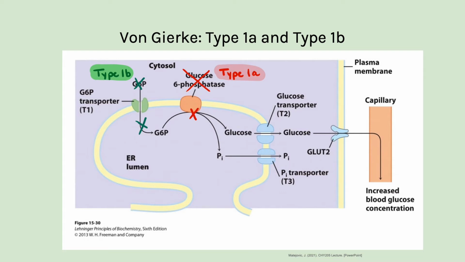Comparatively, type 1B results from a deficiency in the G6P transporter, which prevents the transporter from efficiently translocating glucose 6-phosphate from the cytosol of the cell into the lumen in order to be dephosphorylated. Both type 1A and type 1B result in similar disruptions to physiological pathways, which will be further discussed.